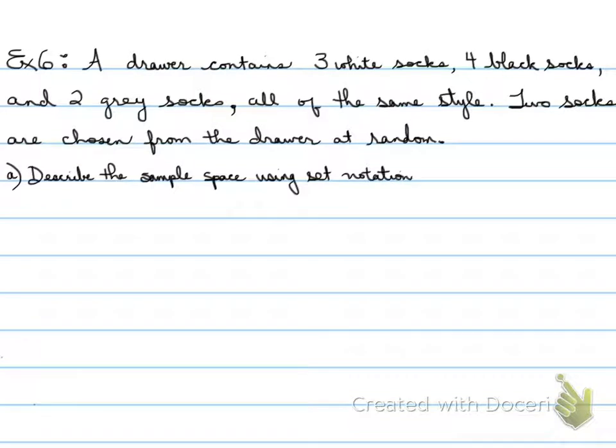So here comes the hard part. You need to describe the sample space. So you start with the sample, S equals, now we're going to use some short forms, W, B, G for white, black, and gray.